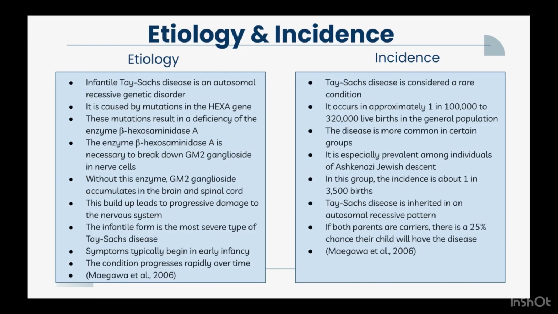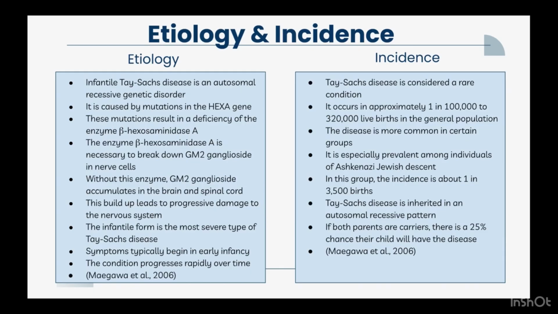The disorder is specifically caused by the mutation of the HEXA gene, which is responsible for producing an enzyme called beta-hexosaminidase A. This enzyme plays a critical role in the body as it helps break down the fatty substances known as GM2 within your nerve cells.